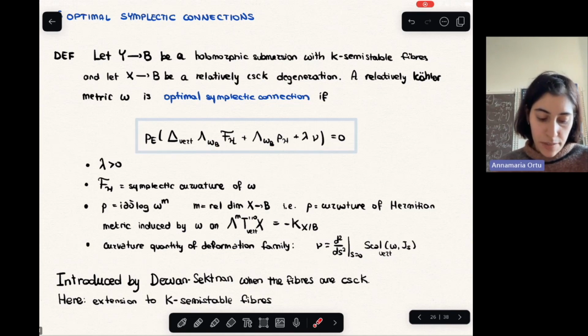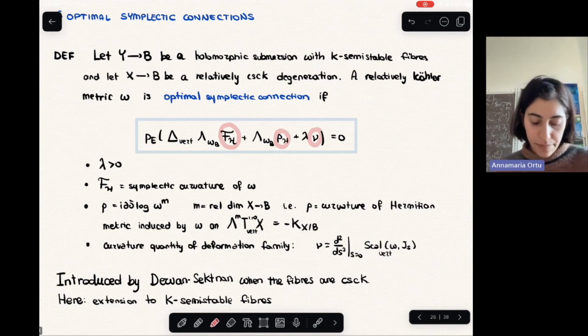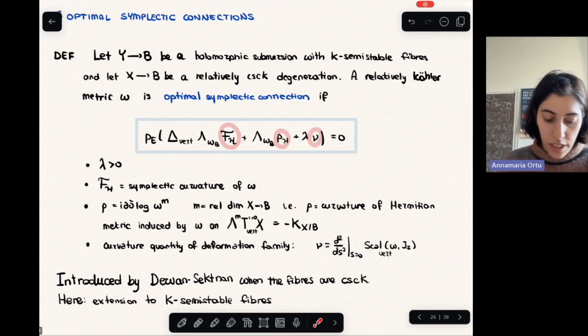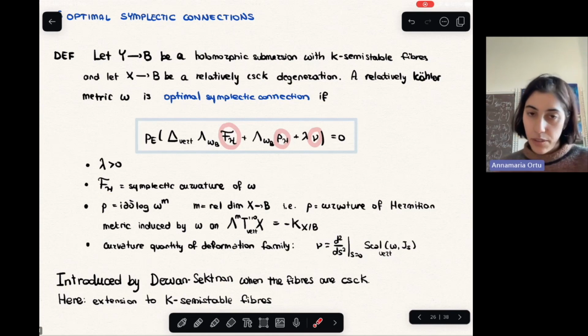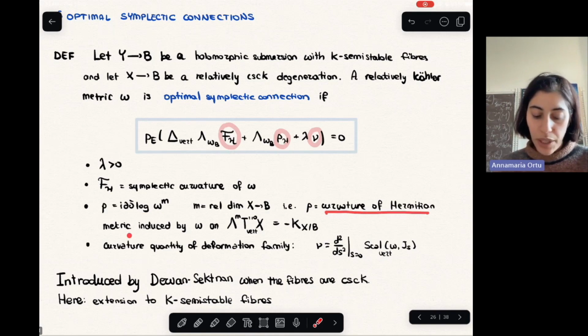So here, this F_H, rho_H, and nu are all curvature quantities associated to omega in various ways. F_H is the symplectic curvature, so it does not depend on the holomorphic structure. Rho_H is the relative Ricci curvature, the curvature of the Hermitian metric induced by omega on the top wedge power of the vertical tangent bundle, so the relative canonical bundle.